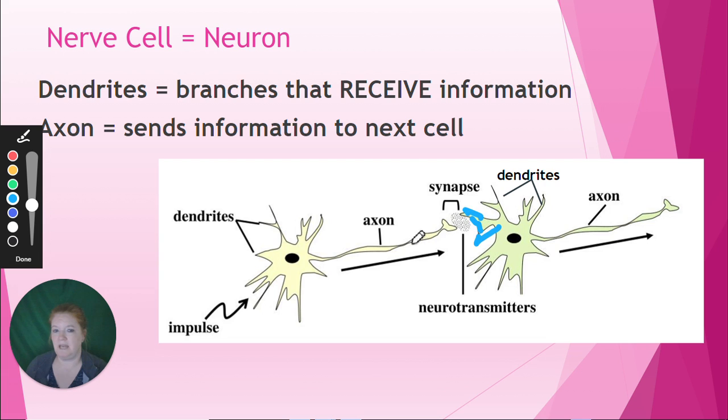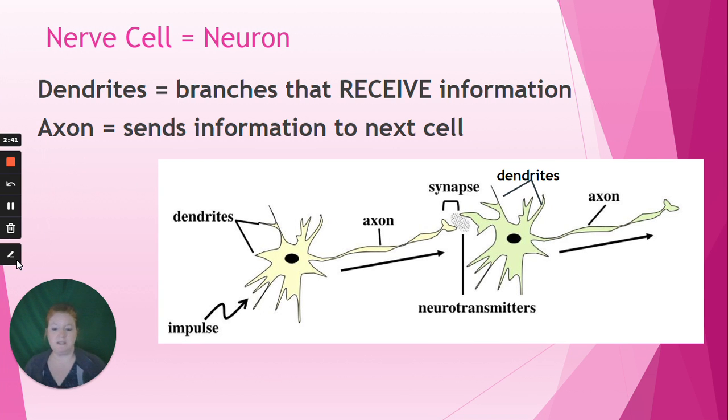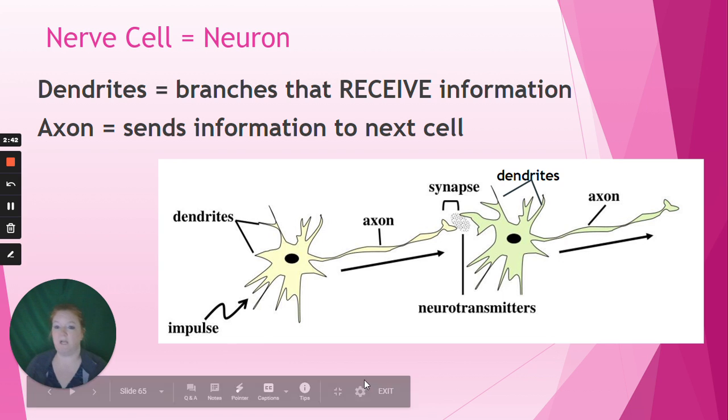And here's the axon of the first neuron. So in this little bitty space called the synapse, neurotransmitters carry the signal from this one to this one, crossing the synapse, and then the signal continues. So that's the basic premise of how nerve signal transmission works.